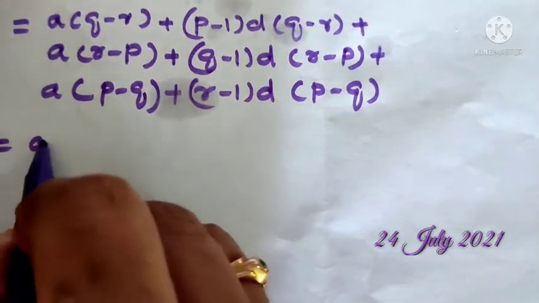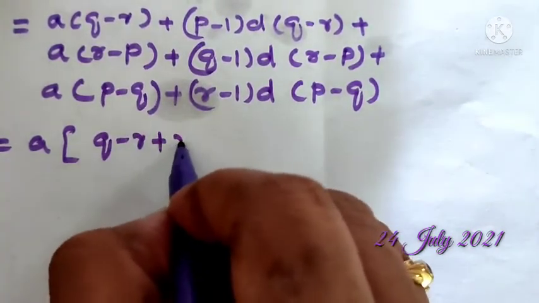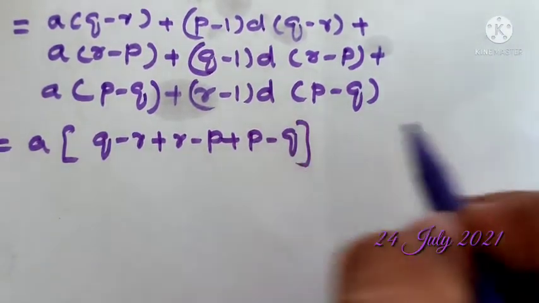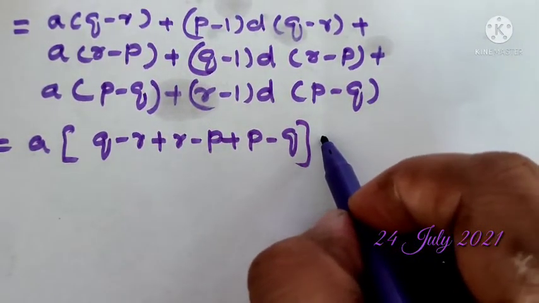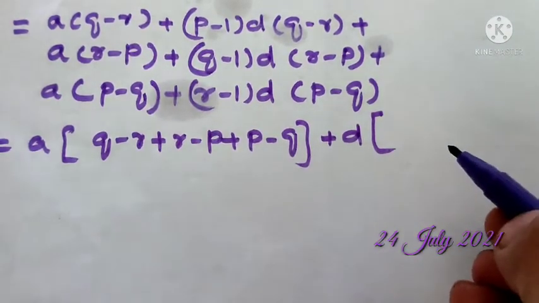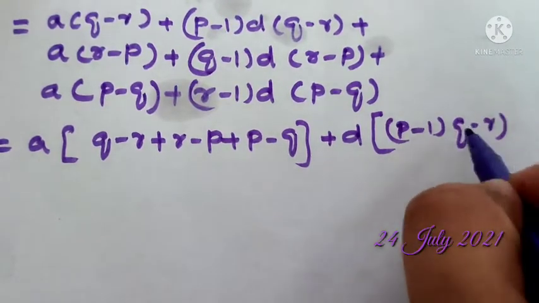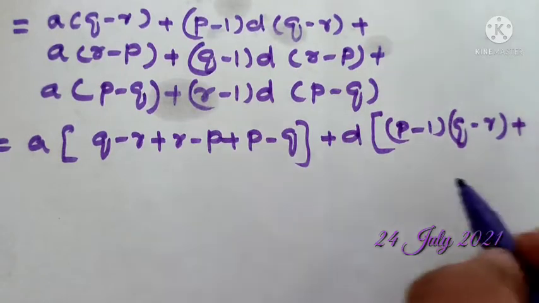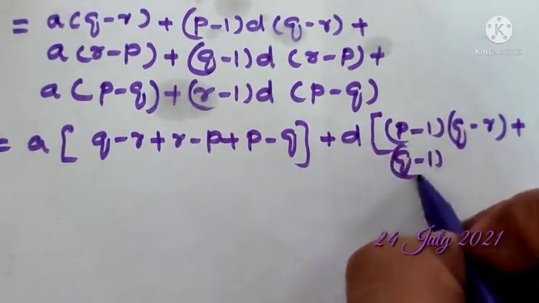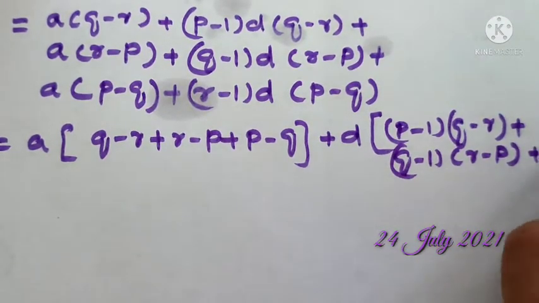Now A is common, then I can take A into q minus r plus r minus p plus p minus q, plus D common. What are the brackets we are having? p minus 1 into q minus r plus q minus 1 into r minus p plus r minus 1 into p minus q.